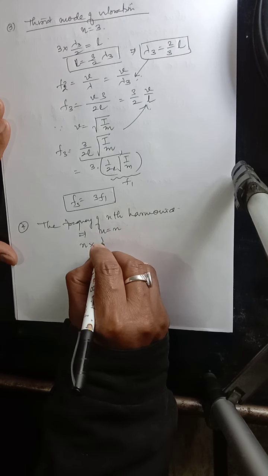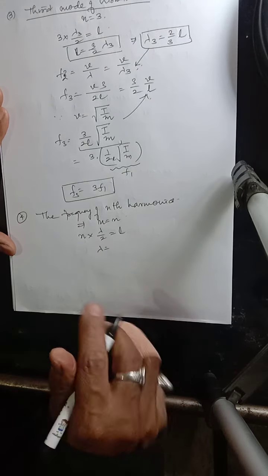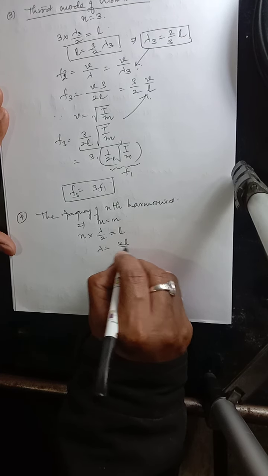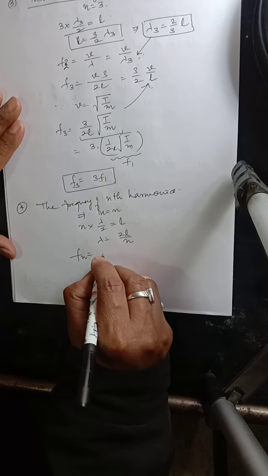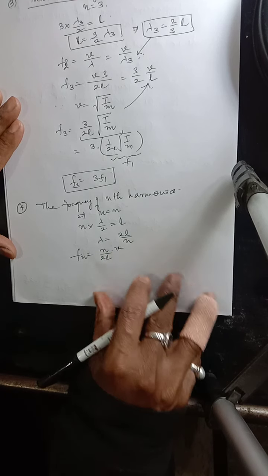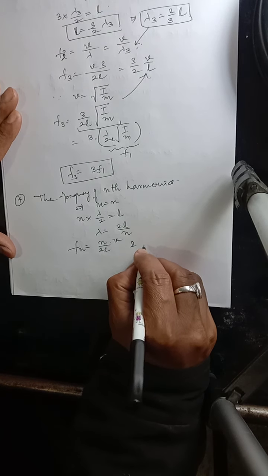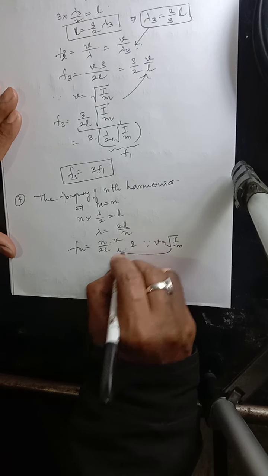So n into lambda by 2 is equal to L, or from here, lambda is equal to 2L by n. For this, Fn is equal to n upon 2L into V. And because V is equal to under root T by M, put it here.